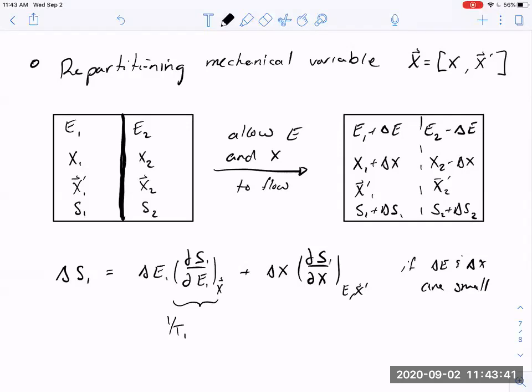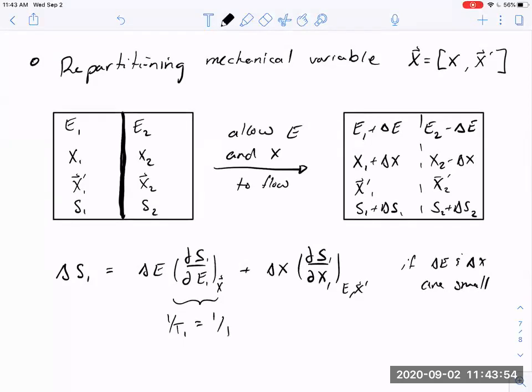These are all ones, except for that one. Let's imagine that we prepared the system in such a way that the temperature on the left was equal to the temperature on the right. T1 is equal to T2, which we'll just say is T.